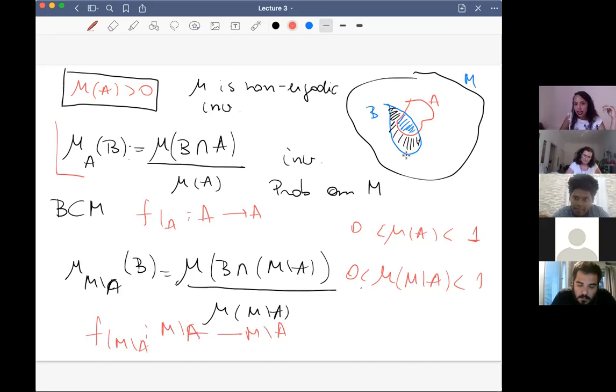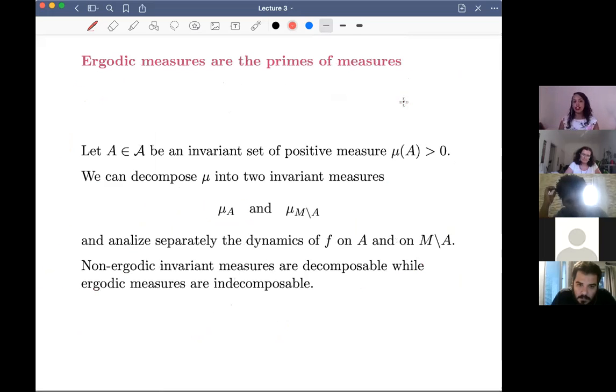You divide your dynamics in this set A, and the outside of A, which is its complement. Well, so in general, what we have is that non-ergodic invariant measures are decomposable, and ergodic measures are indecomposable, or something similar to it.